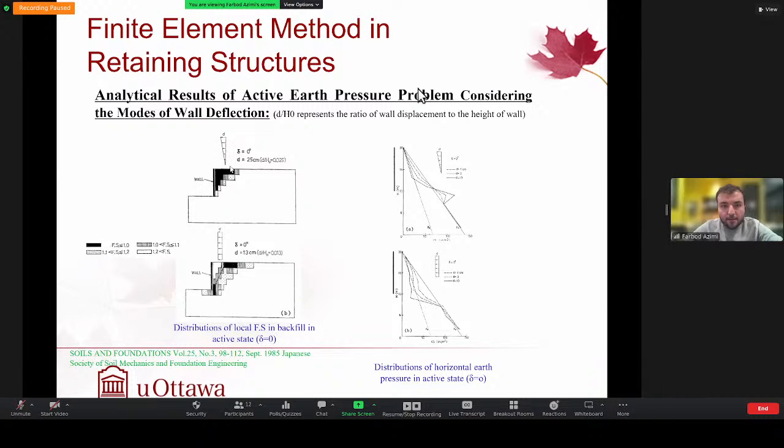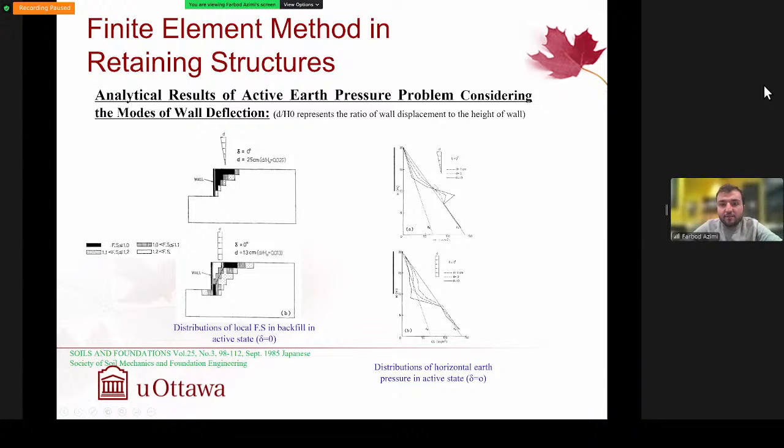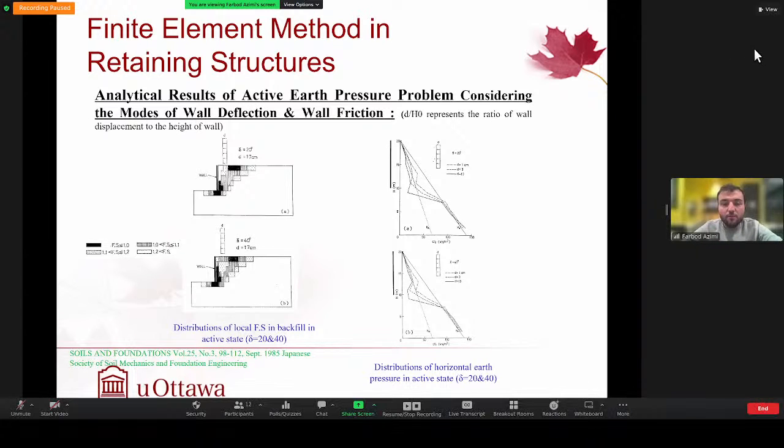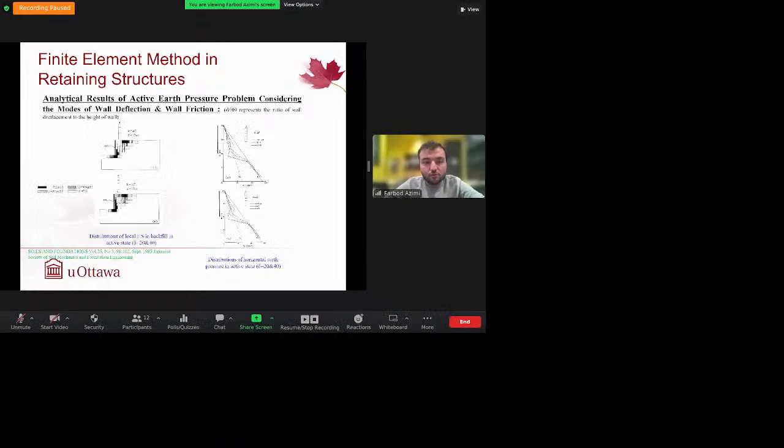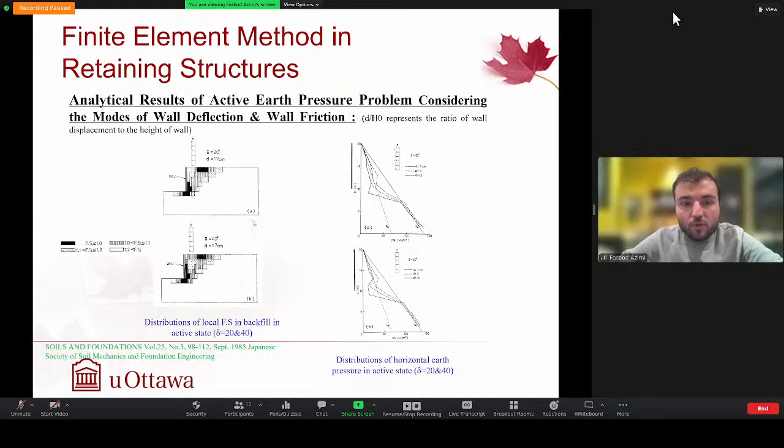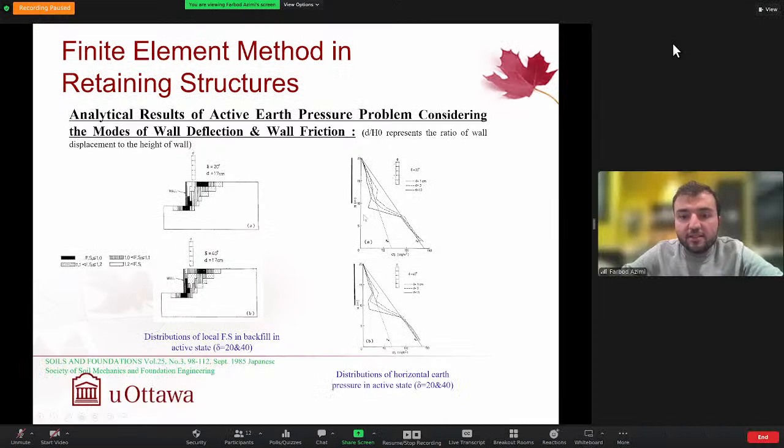By considering different deflections, we come up with different lateral pressures. These two cases are the distribution of horizontal earth pressure in the active state. But if we consider the wall friction angle, the interaction between the wall and the soil, we come up with another distribution for horizontal earth pressure.